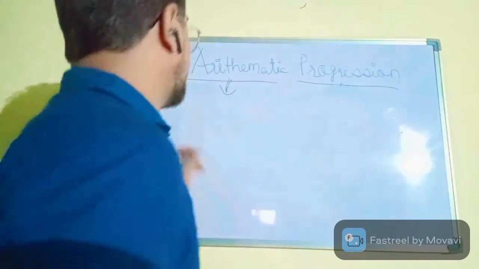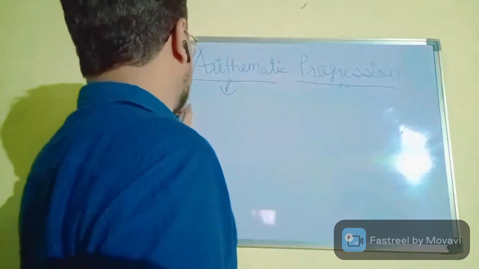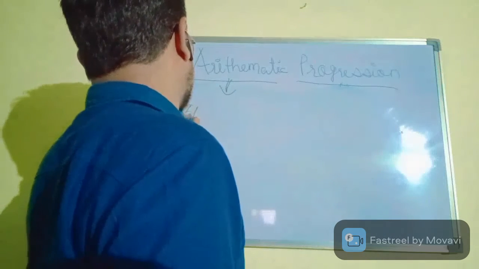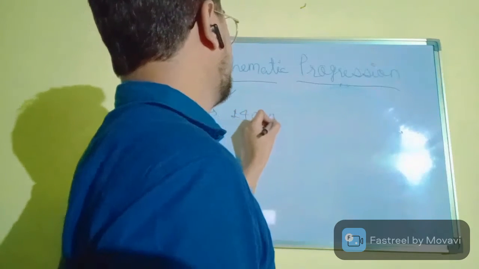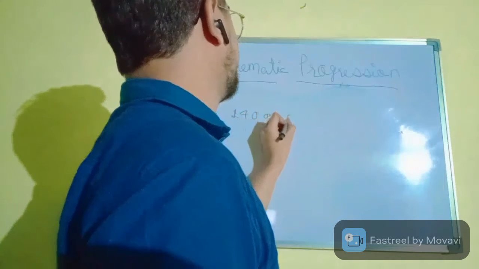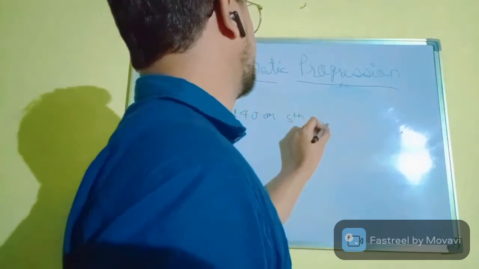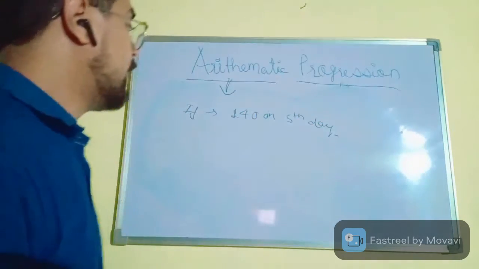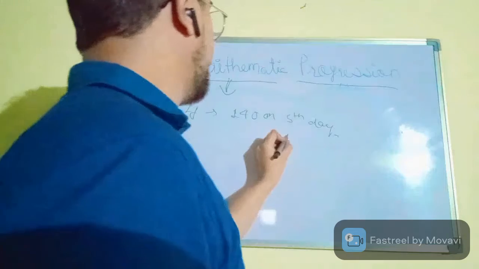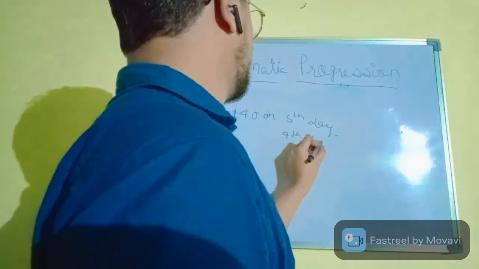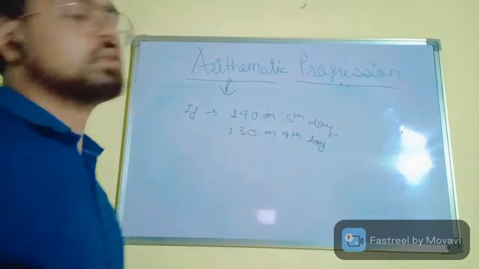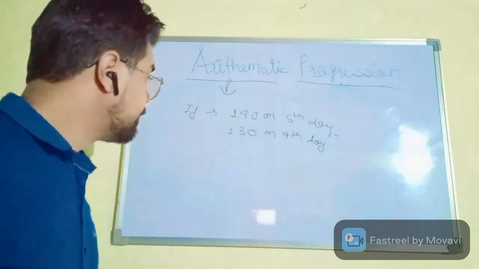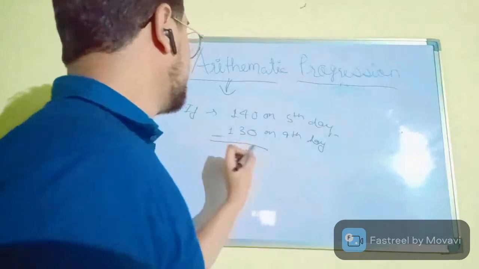If you are saving 140 on the 5th day, and on the 4th day you saved 130 rupees, what is the difference in between?